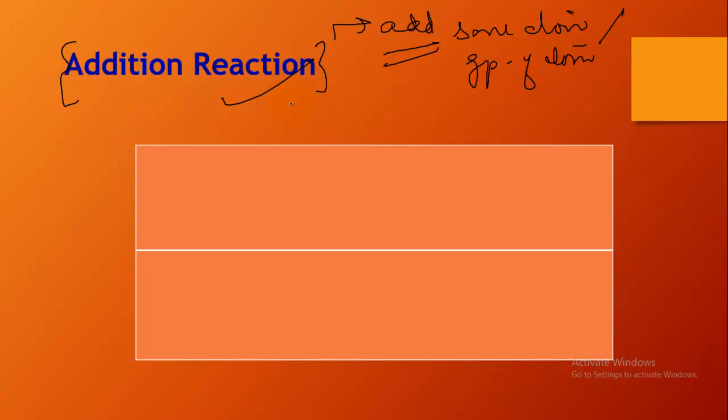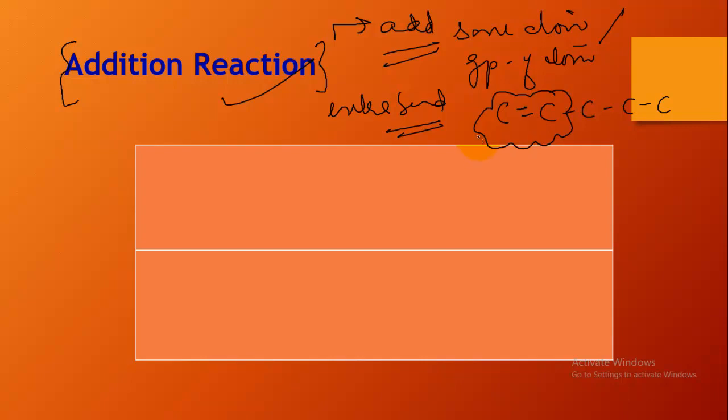The reason that they show addition reaction is because of the presence of an extra bond in them. As I told you, at minimum, at one position the presence of a double bond is mandatory. So in this case, because it has one extra bond, it can be opened, and in order to stabilize the valency, we can add an atom or a group of atoms to it.